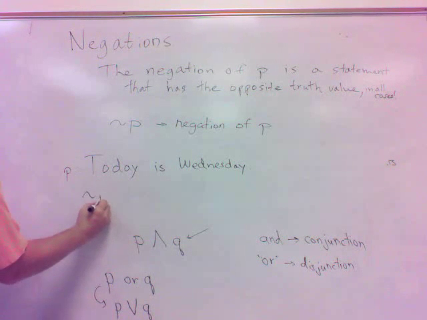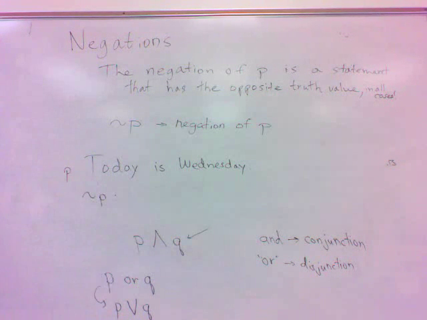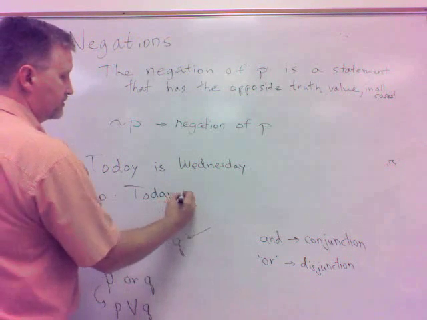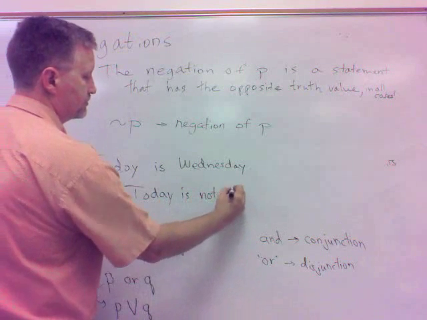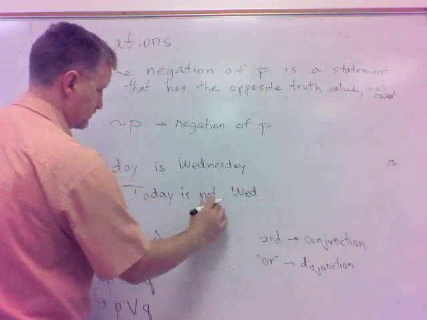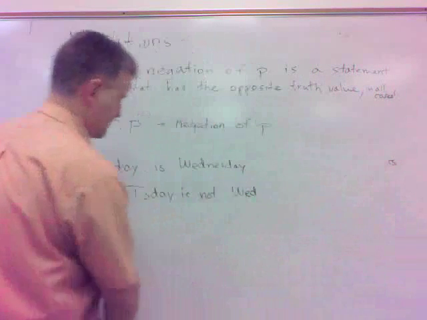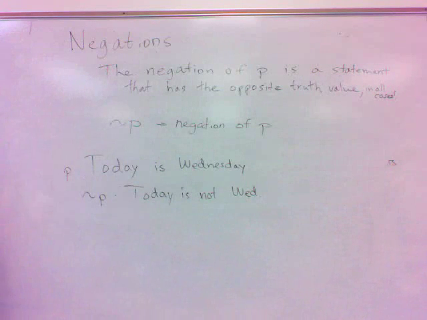So the negation of P, well, just put the word not there, right? Today is not Wednesday. And that's the opposite truth value, isn't it? Today is Wednesday. Well, if it's Wednesday, that's true. Today is not Wednesday would be false.